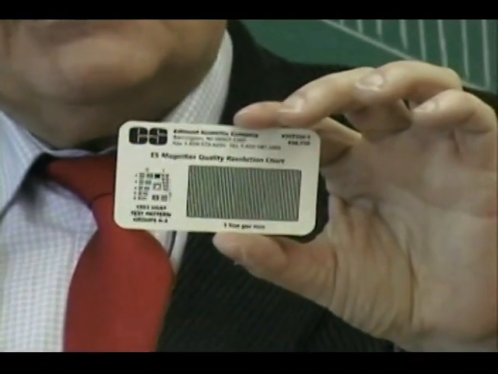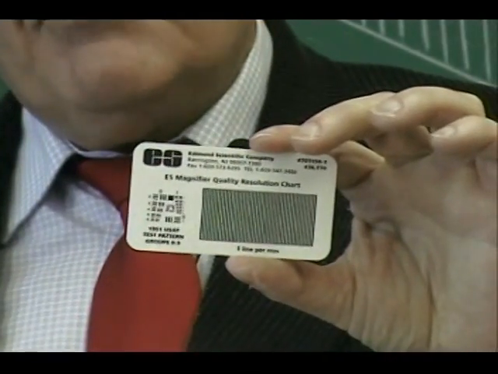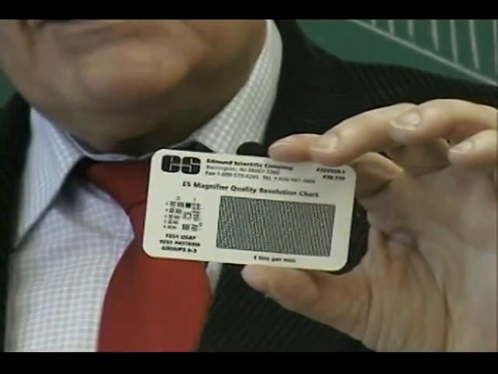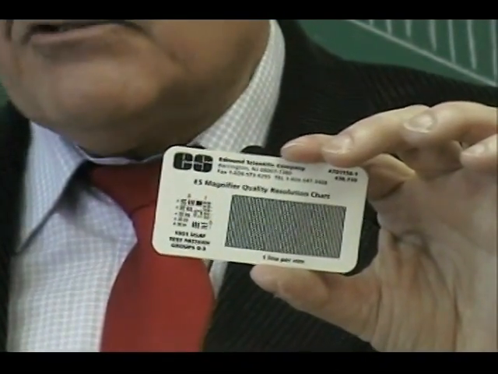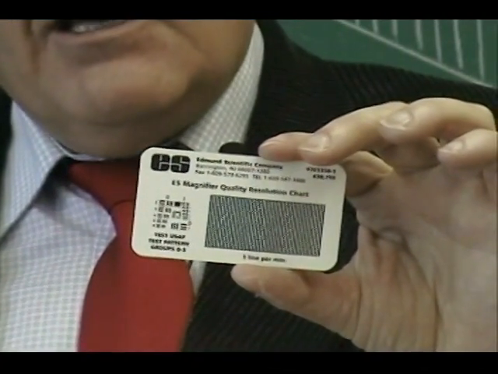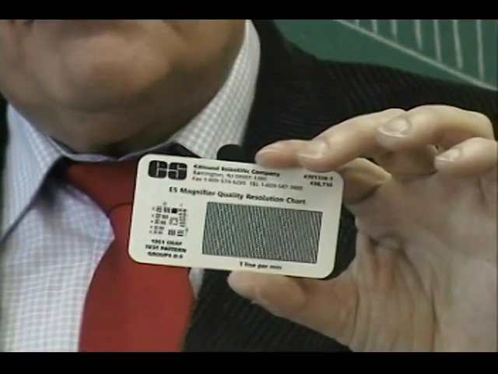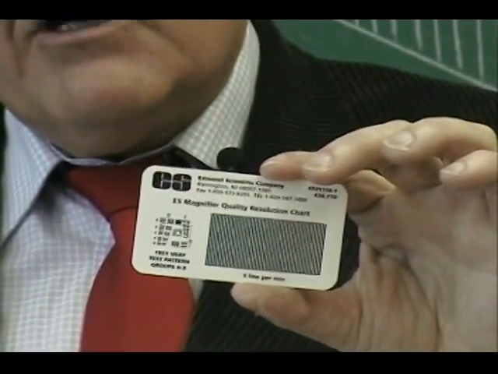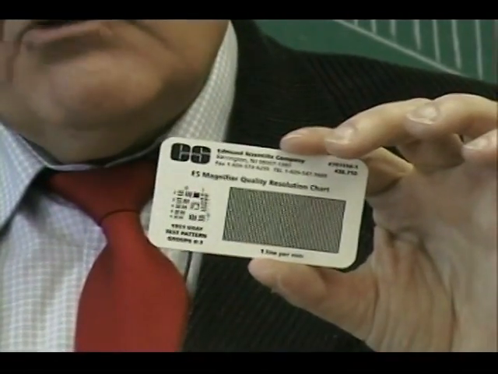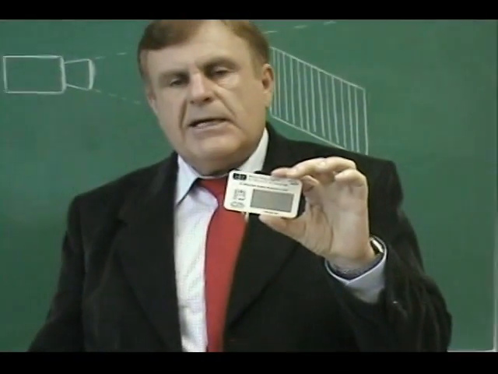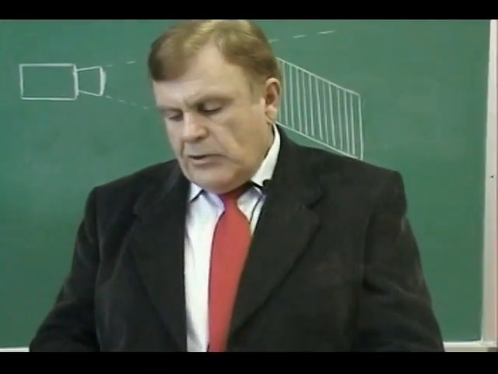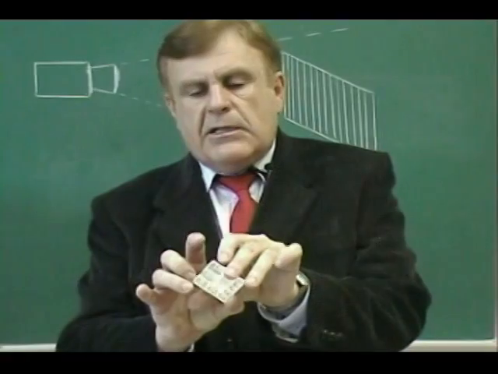First of all, it has lines oriented vertically and oriented horizontally, so it can be used to measure in one pass both horizontal and vertical resolution, because they are different, and you can see which pattern will be resolved, so it will give you the critical resolution. Together with the 1951 US Air Force resolution target, you can use this target.